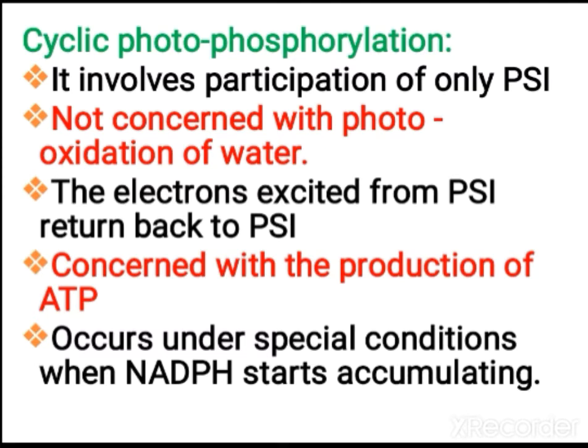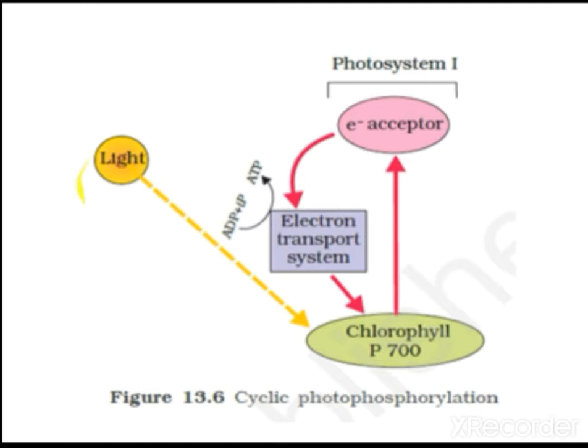It occurs only under special conditions when the NADPH starts accumulating. Now let us study the steps. PS1 is chlorophyll P700, that we call photosystem 1. Here there is no splitting up of water.